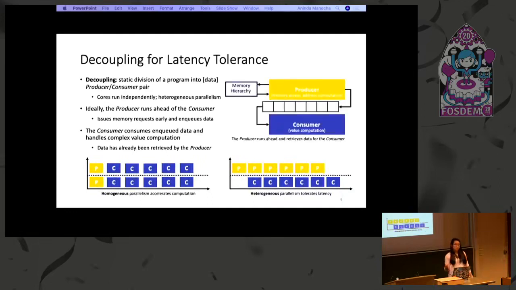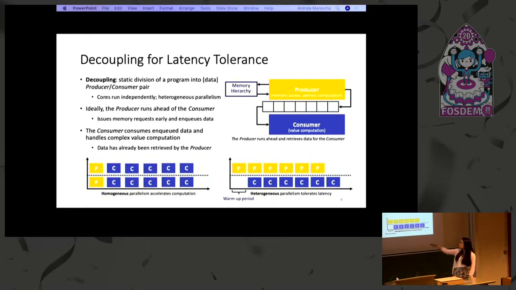The main idea of decoupling is to tolerate memory latency, and this is done by having the producer issue requests to the memory hierarchy and retrieve the data before the consumer needs it. These cores utilize specialized hardware, the communication queue, in order to have the producer store the data before the consumer needs it. And this timeline on the bottom right that I pointed to earlier just illustrates how this can tolerate memory latency.